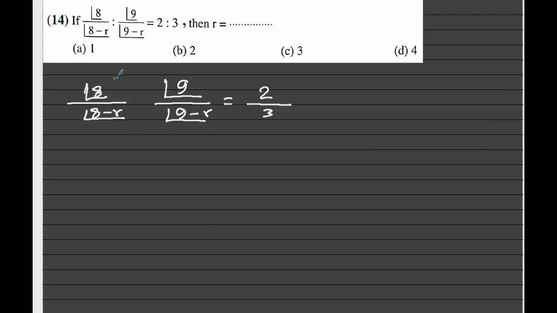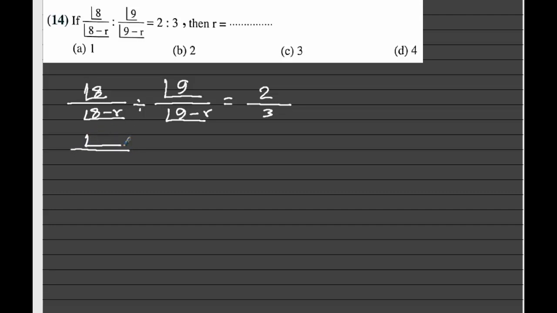The ratio, factorial 8 over factorial 8 minus r, divided by factorial 9 over factorial 9 minus r, equals 2 over 3. So we rewrite this division.